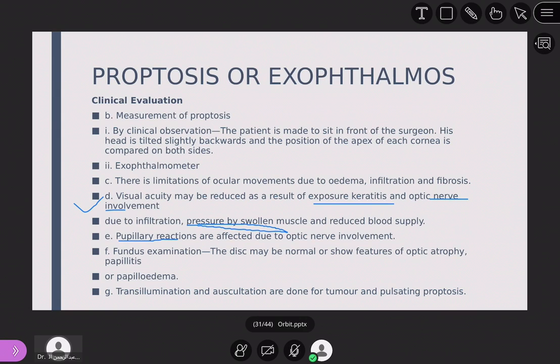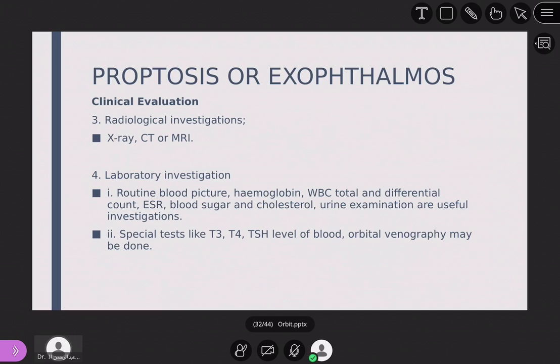Fundus examination: the disc may be normal or show features of optic atrophy or papilledema. Transillumination and auscultation are done for tumor and pulsating proptosis. It's very important to do imaging, especially CT or MRI. Labs are very important, especially thyroid and other causes.